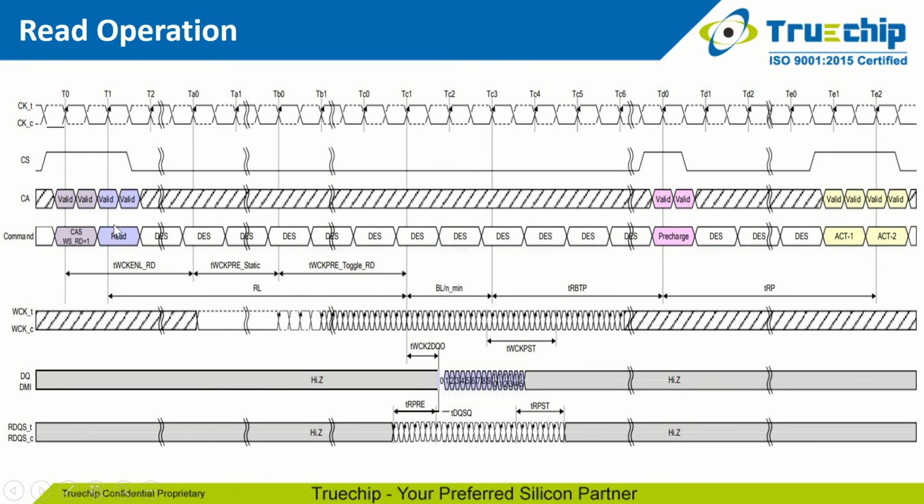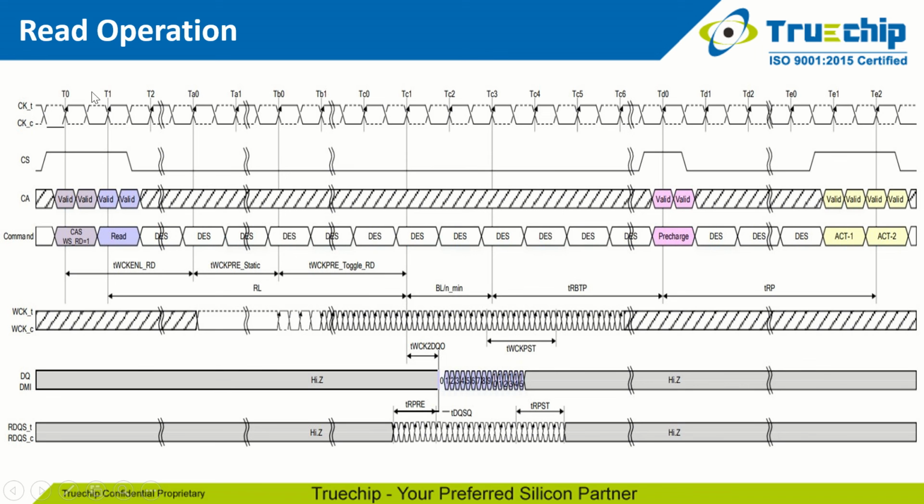For a read operation, WCK must be driven at least tWCKPRE underscore static plus tWCKPRE underscore toggle before the read DQ bursts. WCK starts toggling for 2 clock cycles in the 2:1 WCK to clock ratio, and then it can be adjusted to either 4:1 or 2:1 depending upon the mode register.